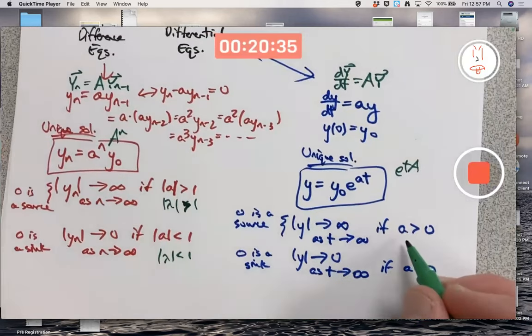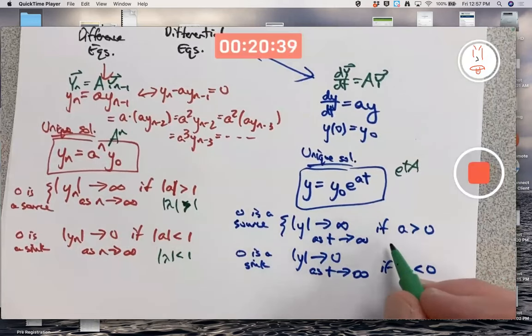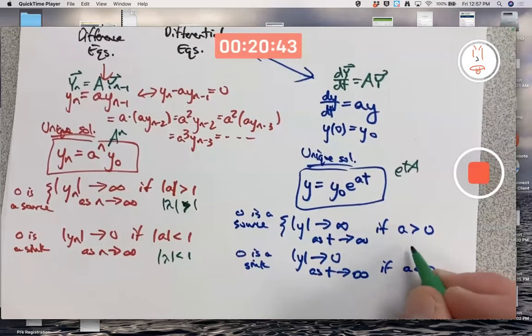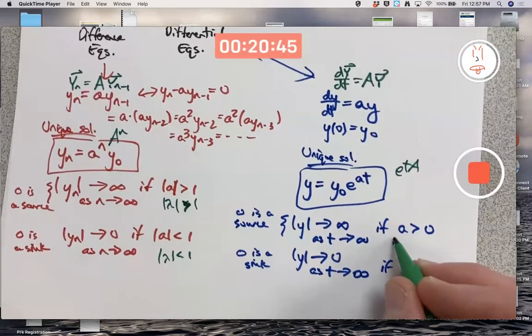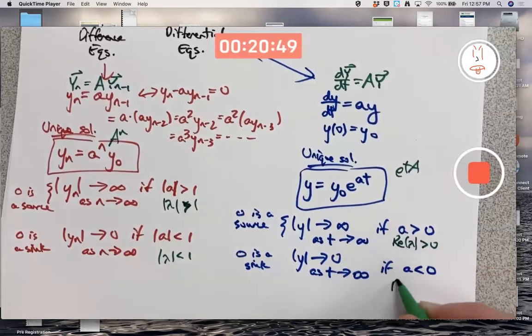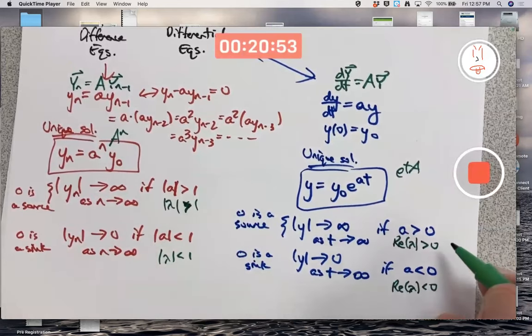On the other hand, in the differential equation case, here again, lambda could be complex numbers. Same kind of thing could happen over here. It's really the real part of the lambdas being positive or negative that determines whether the origin is a source or sink.